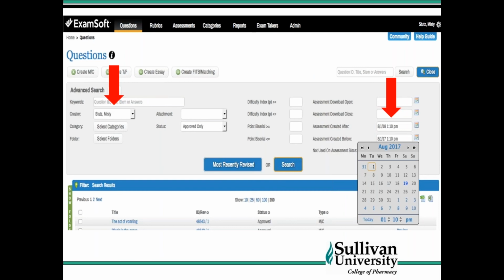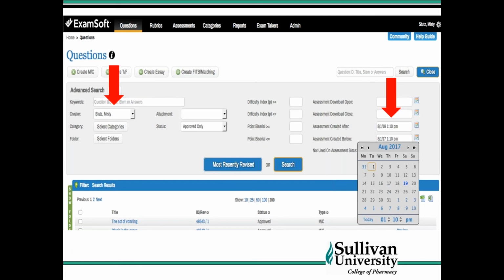So all of our questions are tagged with the creator. And then you need to, and I didn't mention, but you need to go under advanced search to find this information. Then you'll go over to the right-hand side and determine what time frame you want to use. So I did this for calendar year 2016, and so I just put in the dates that I wanted.